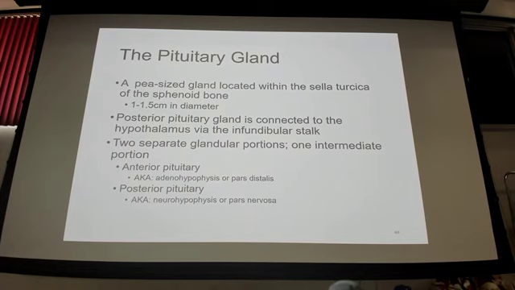If you have posterior pituitary failure, you can have a loss of oxytocin, you can have a loss of antidiuretic hormone, there's something called neurogenic diabetes insipidus. That slack isn't picked up by the anterior pituitary, because the neurosecretory cells don't go there. Does that make sense?